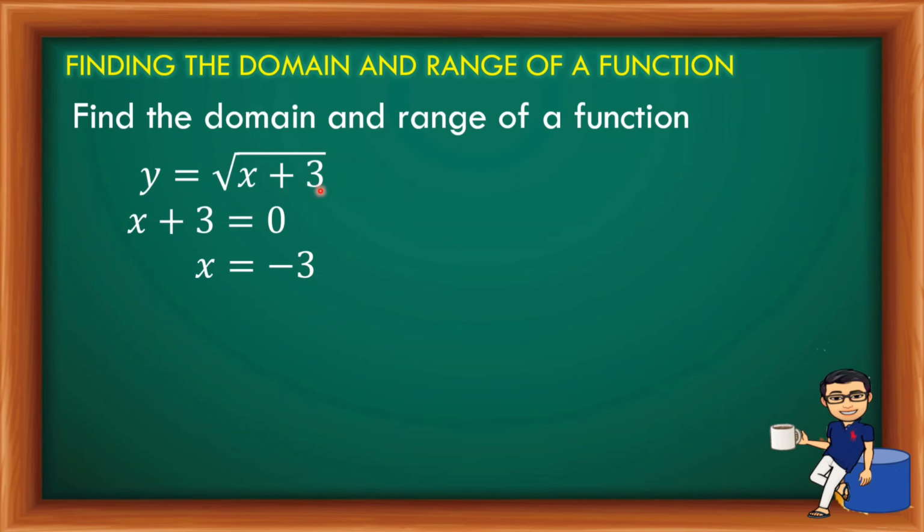Negative 3 plus 3 is 0. Kapag nakasolve kayo dito ng x, yung magiging sagot nyo, yun yung pinakamababang pwedeng i-substitute sa x. Dahil yun yung pinakamababa, ibig sabihin yung mga susunod ay yung mas matataas sa kanya. Kaya ang domain natin ay pwede ang negative 3 at mas matataas sa kanya. Okay, so greater than or equal to negative 3.